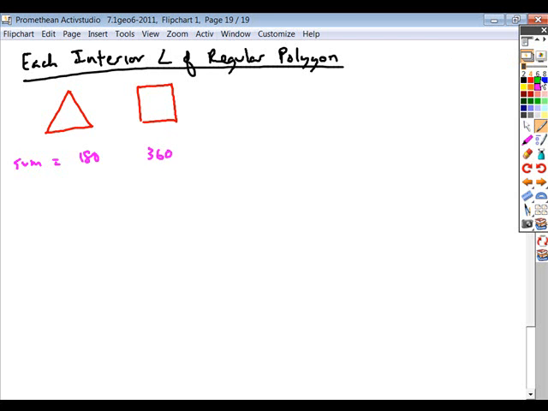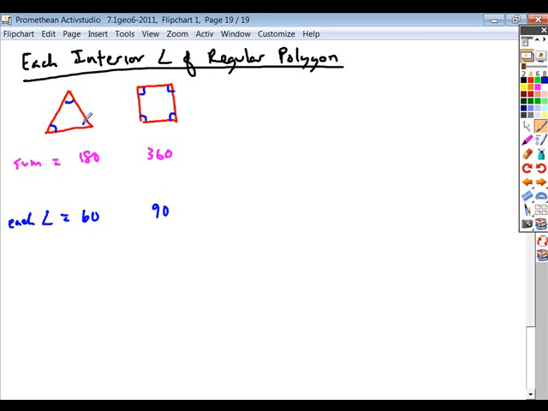Okay, and both of these we're already aware of. Each interior angle for a regular triangle, what is each of these angles going to be? 60 degrees, and for a square, each angle is 90.